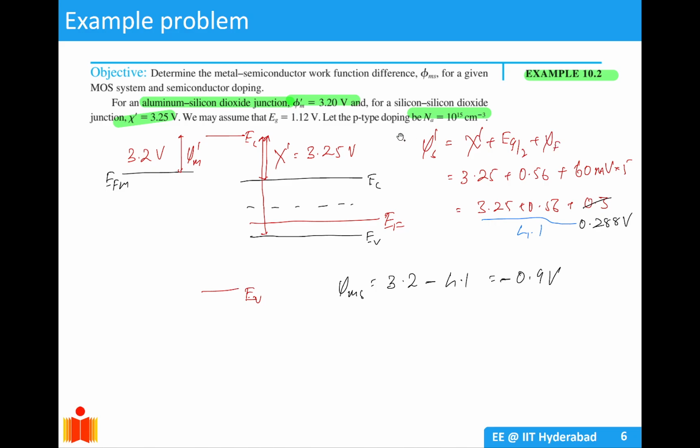This is plus phi f because you are talking about p-type doping. If it was n-type doping, it would have been minus phi f. So you add all of that, it comes around 4.1 volts. So phi ms is phi m minus phi s, which would be 3.2 minus 4.1, which would be minus 0.9 volts.